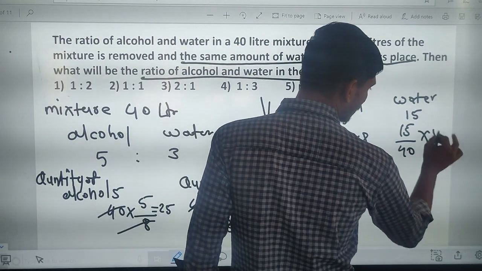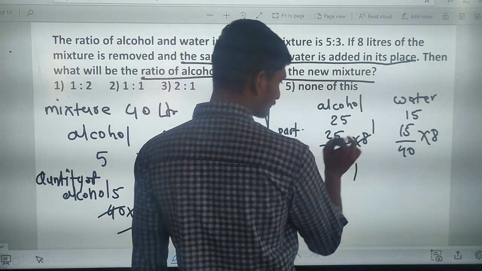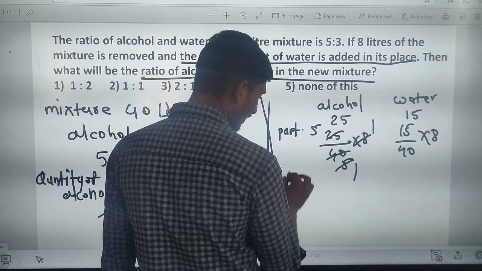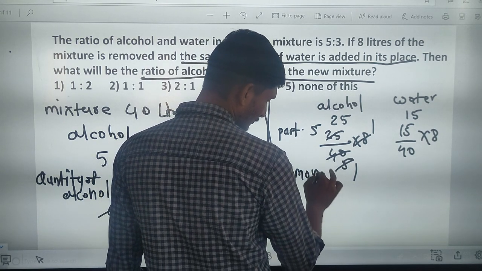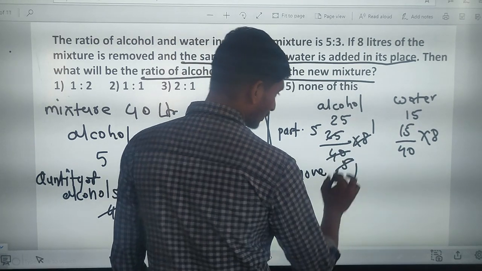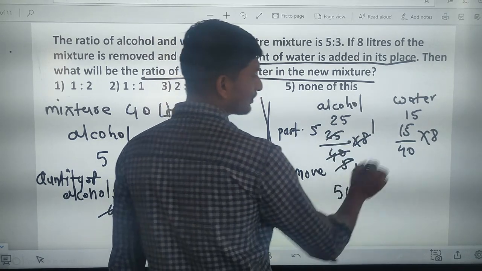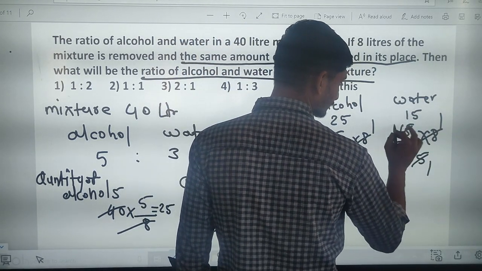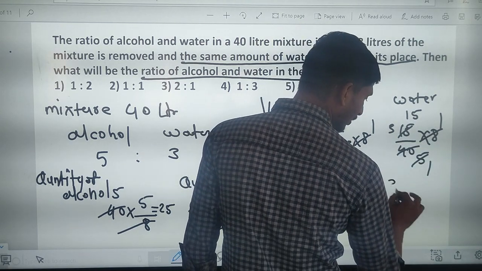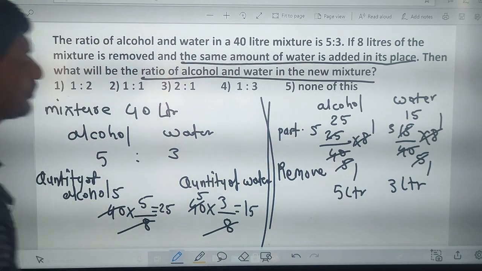Part of the 8 liter removed: 8 times 25 by 40 is 5. Here the removed part is 5 liter alcohol was removed and here 3 liter water removed.